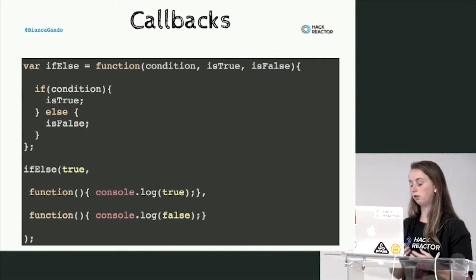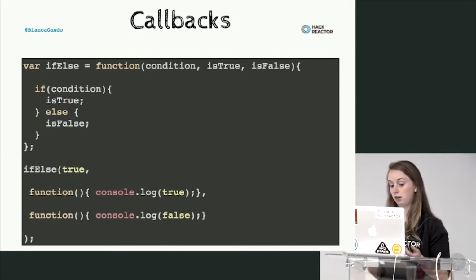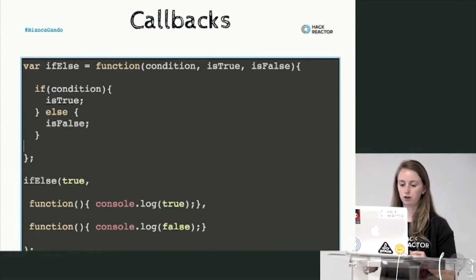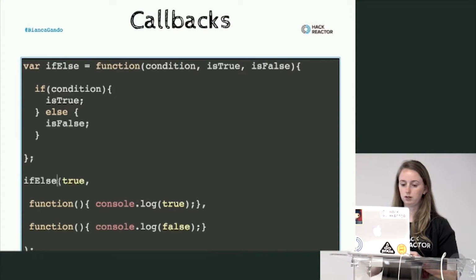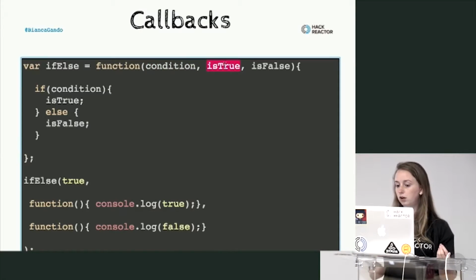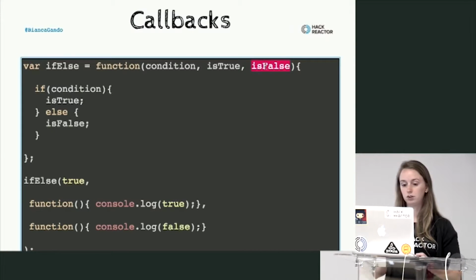And so some silly example is you could just use an if-else function instead of an actual if-else statement. And so here's an example of that, where we are passing a condition, and then we're passing a callback function for the true condition, and then we're passing another callback for the is-false condition.